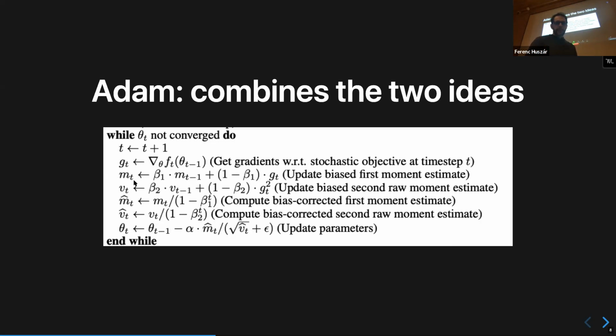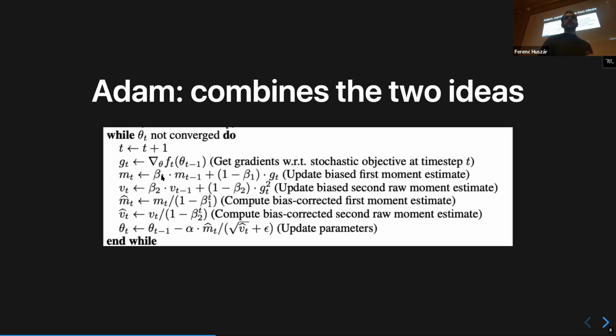What you will notice is that the moving averaging happens here. You have the previous direction of the movement m, and you take an exponential moving average: take the previous value multiplied by some coefficient smaller than 1, and add in the new gradient g_t.